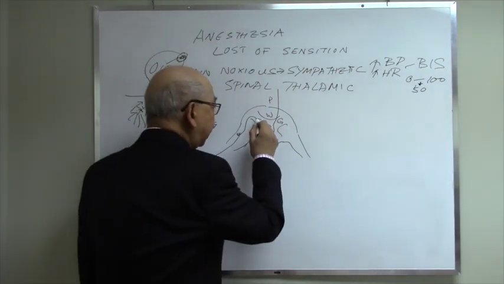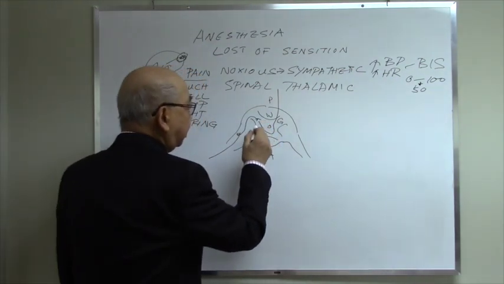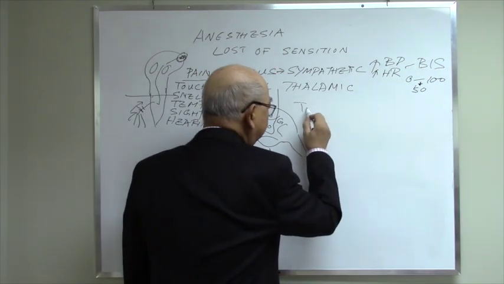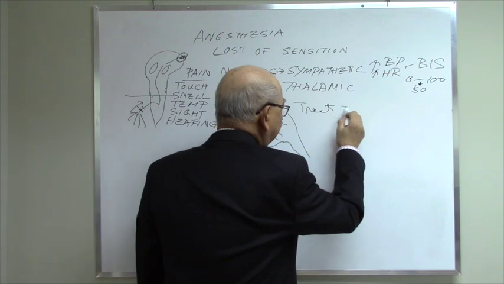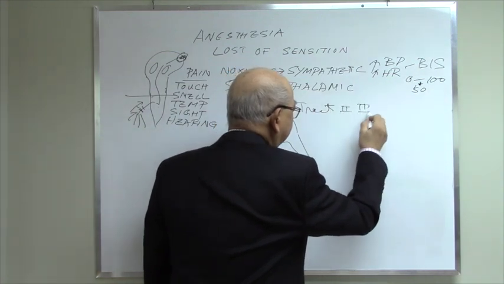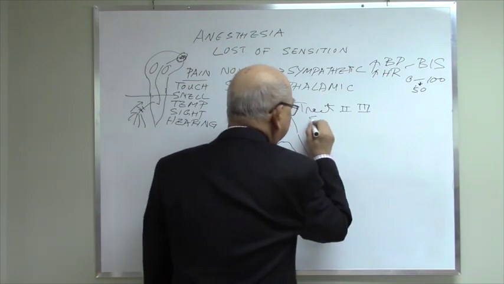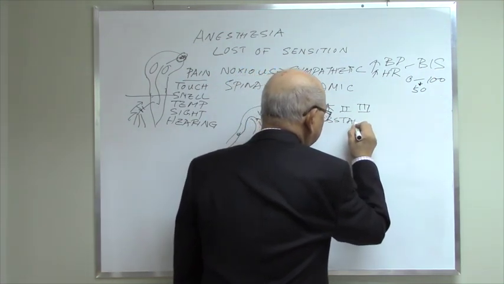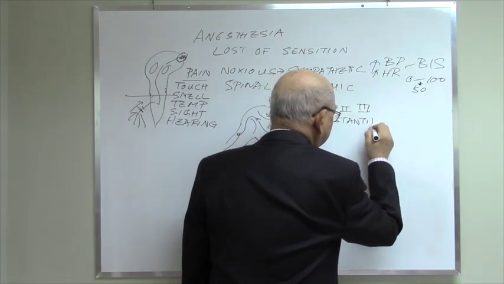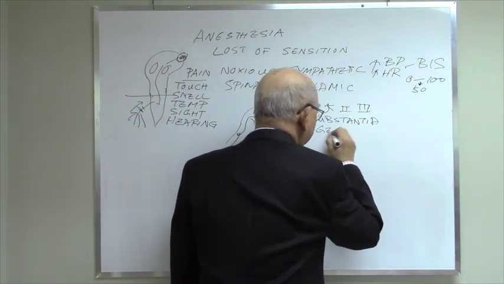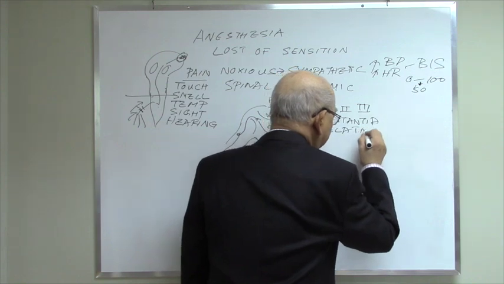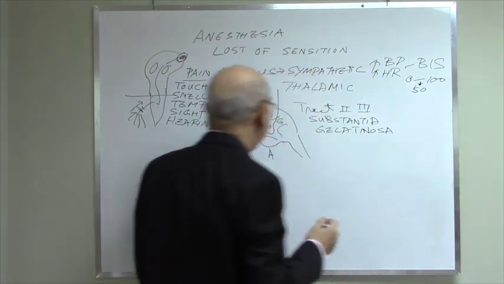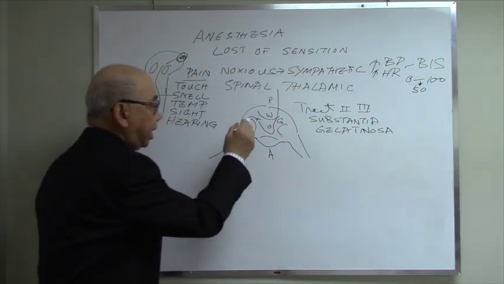Now, this synapse, for this tract, is at layers 2 to 3, called the substantia gelatinosa. This area here.